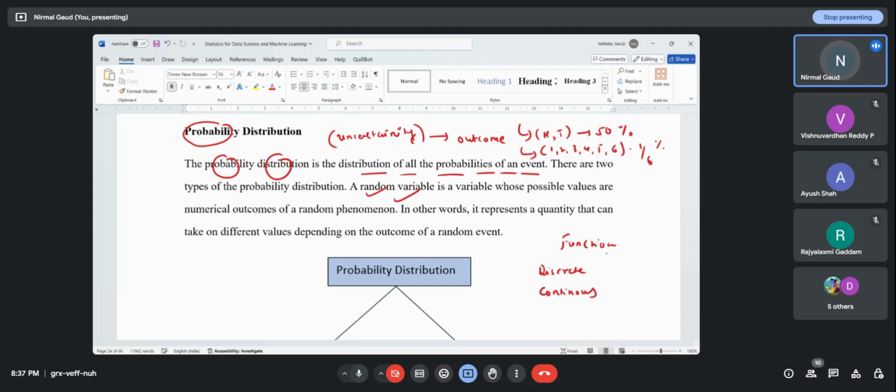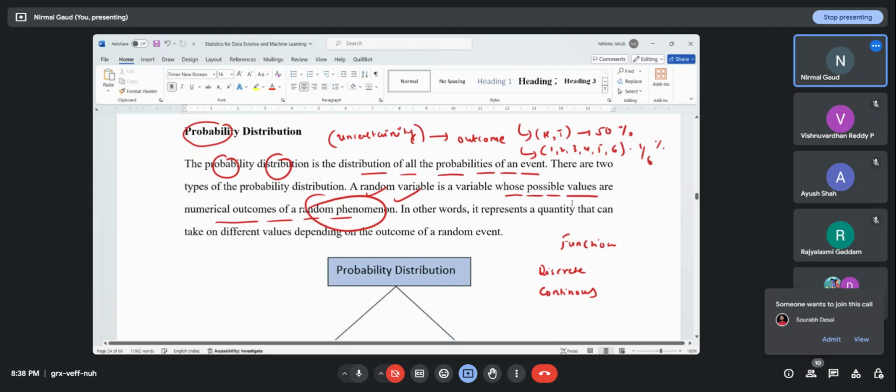So the random variable is defined over this function. It comprises all the possible values which are the outcomes of a random phenomenon. That means whatever be the possible outcomes, they can be given by a random variable.